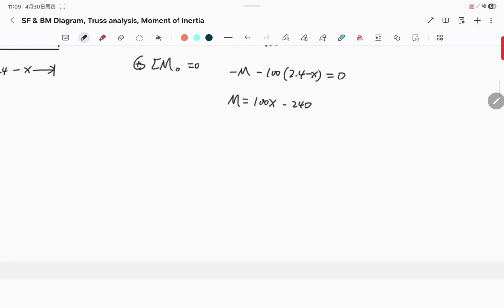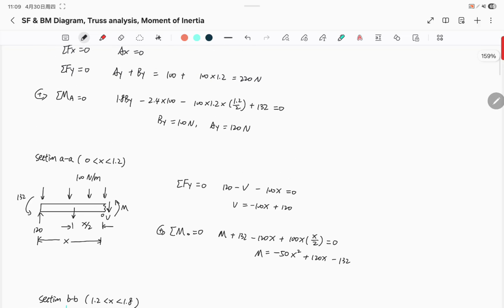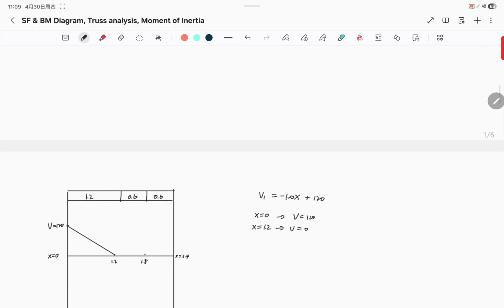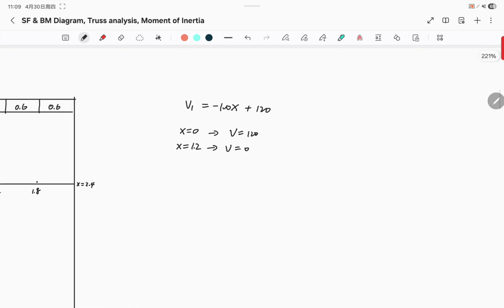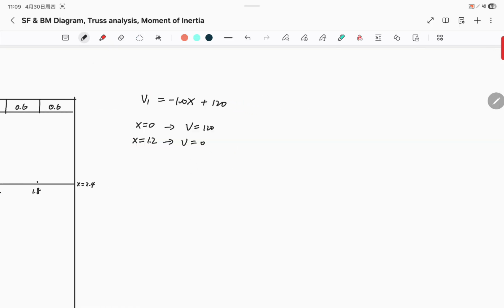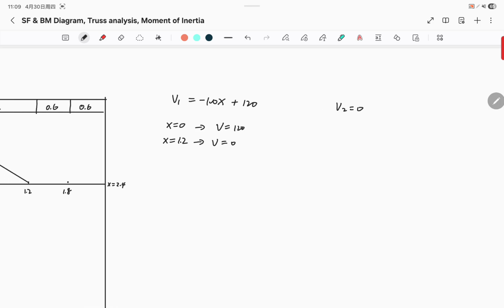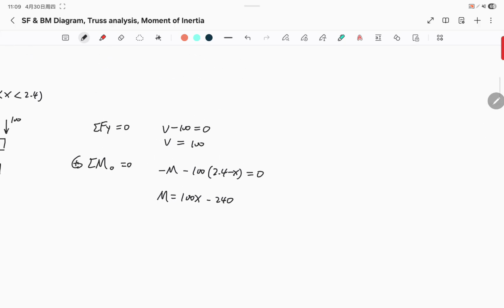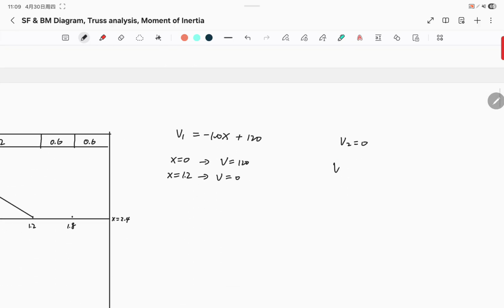And then we're going to do the second equation of V, section BB, which is V equals 0. Just put it on the side. So this whole thing is 0 here. Not going to draw it. And then look at V3, which is 100.